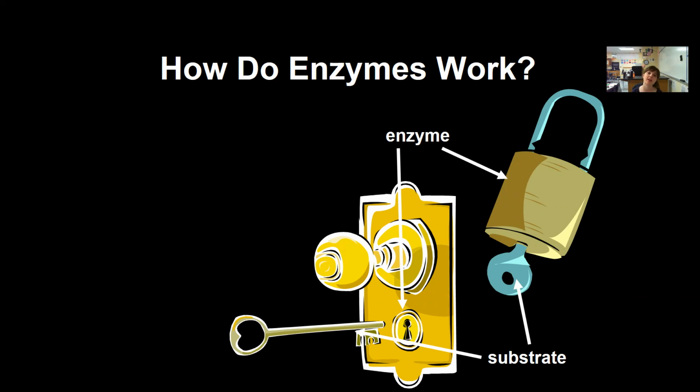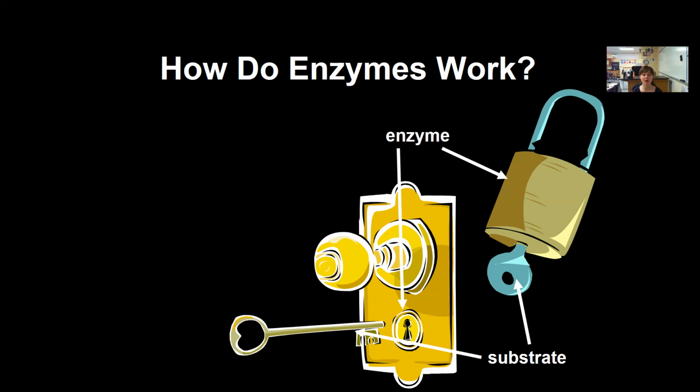The analogy of a lock and key actually works two ways. First of all, when you put your key in your front door and turn it, what happens? The door opens. But if you put your key in your neighbor's front door and turn it, what's going to happen? Hopefully nothing, right?